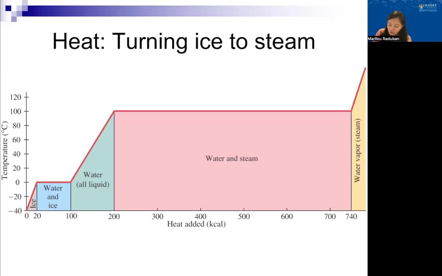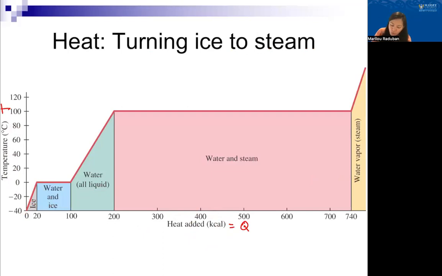The x-axis here gives us the amount of heat added, so this is Q. And the y-axis tells us the temperature of the material as you are adding heat to the material. So that's temperature T.